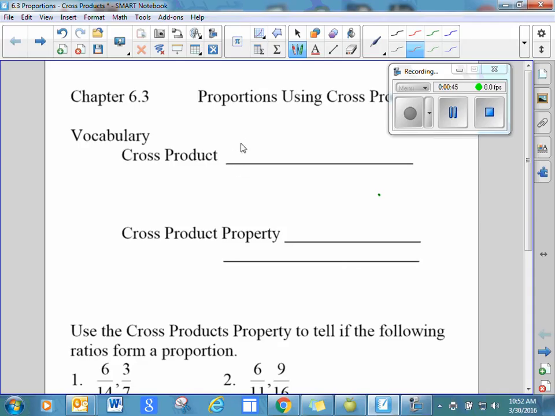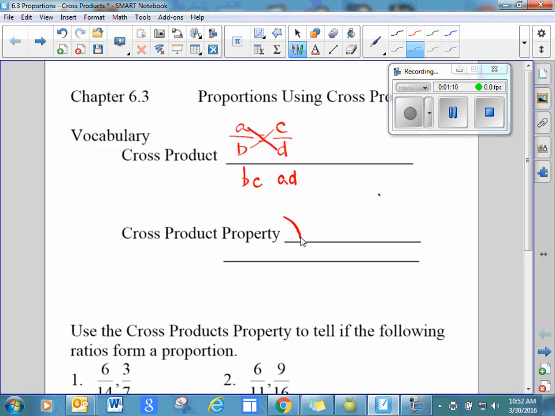For instance, I'll just do this with algebra, if you have two ratios, A over B and C over D, and you tell me that those two ratios are equal to each other, then their cross products are multiplying this denominator times the numerator, B times C, and A times D.